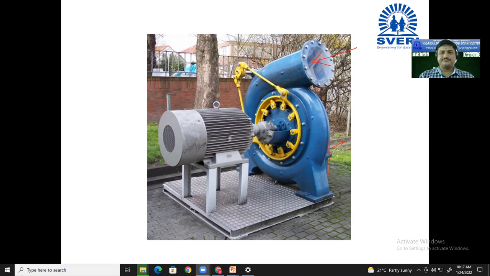I want to show you its diagram here, which will make all the ideas and concepts about the Francis turbine clear.